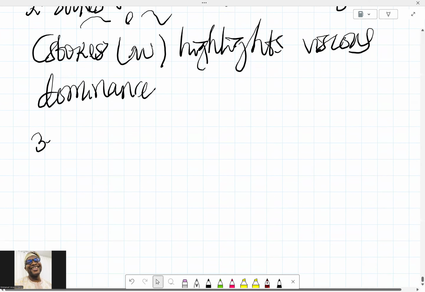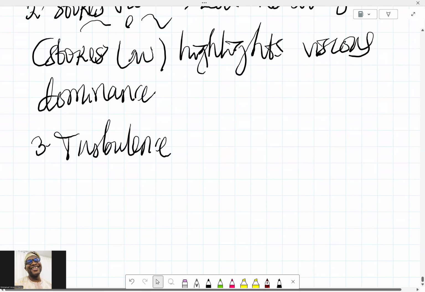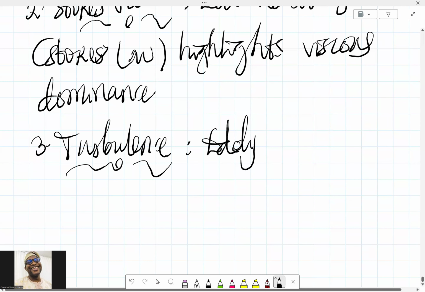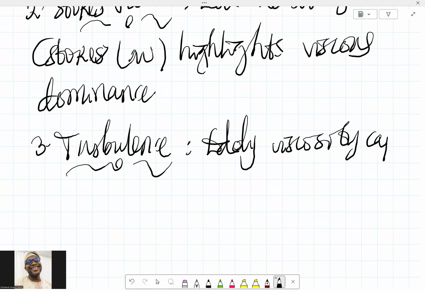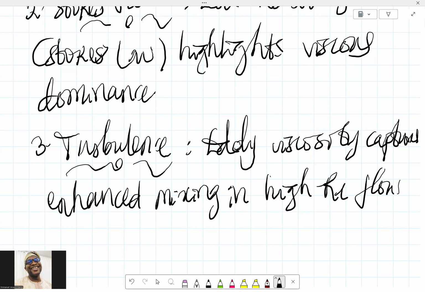Then 3, we have turbulence at work. For turbulence now, eddy viscosity captures enhanced mixing in high Reynolds number flows.